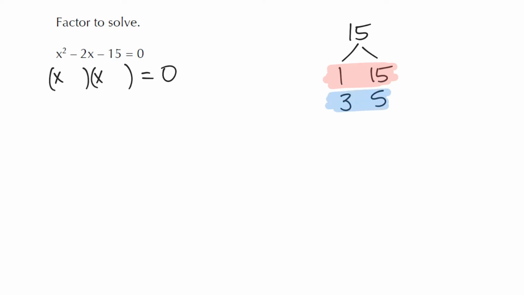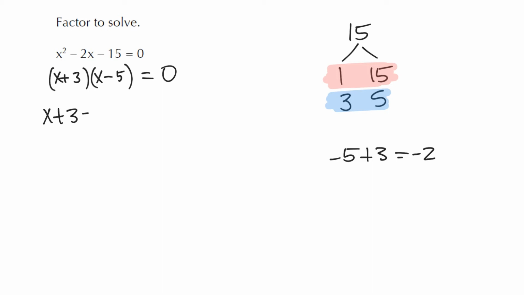So is the difference in 15 and 1 a negative 2? Of course it's not. But is the difference in 5 and 3, could that be a negative 2? Yes, so we put our 3 and our 5, and then we have to decide on our signs. If I want a negative 2, then my greater number is going to have to be negative. So a negative 5 plus 3 is going to give me that negative 2 in the center.